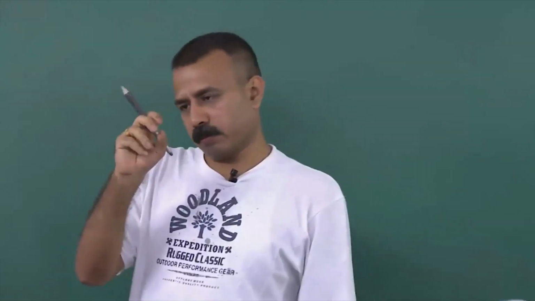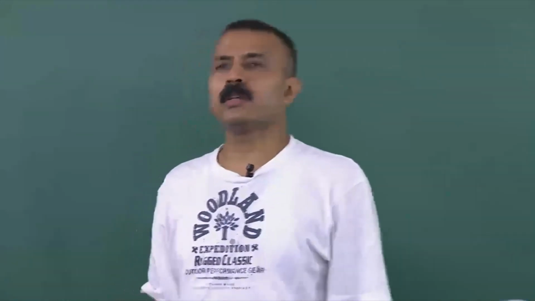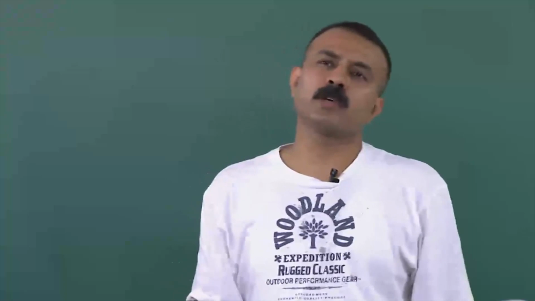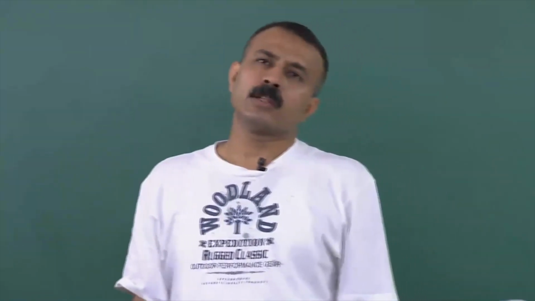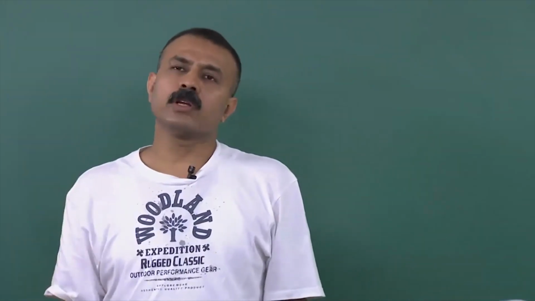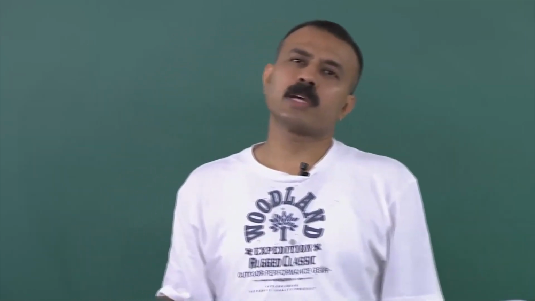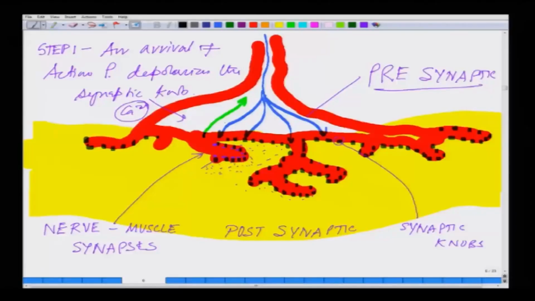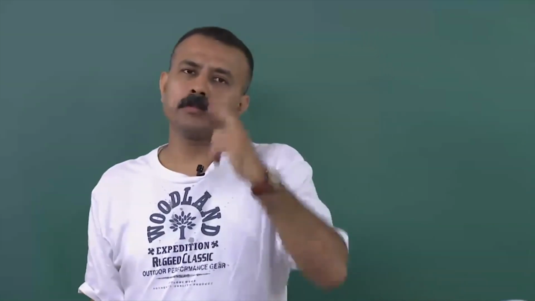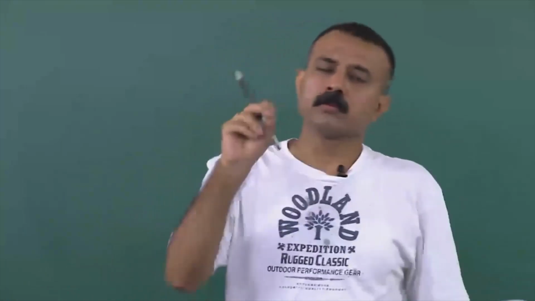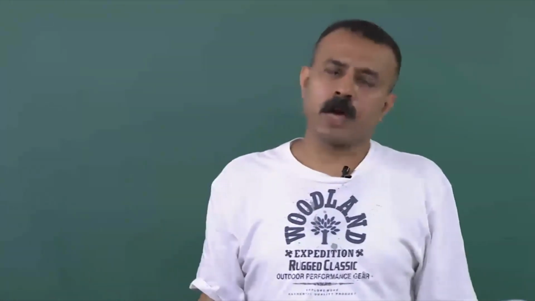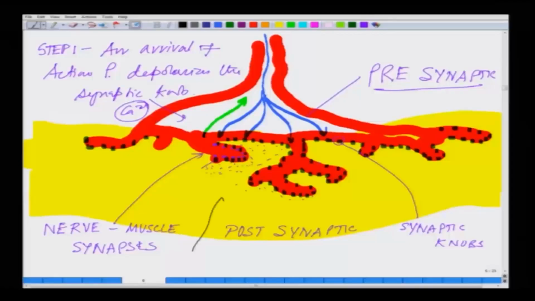Once the acetylcholine is released into the synaptic cleft, or the neuromuscular junction, it binds to the postsynaptic receptors on the postsynaptic membrane and leads to the entry of sodium ions into the muscle, and then the muscle generates an action potential.